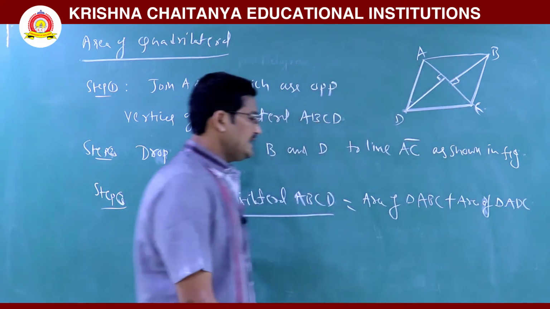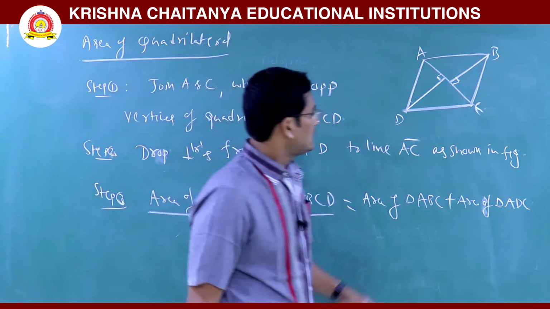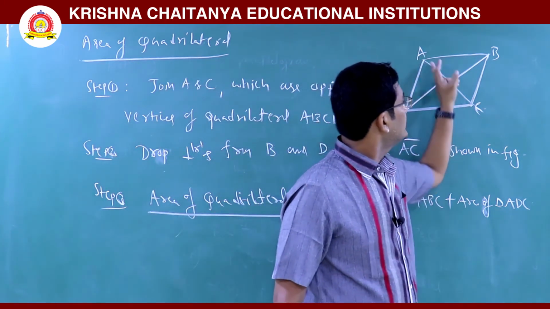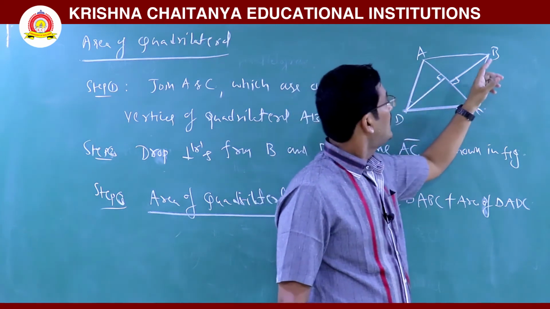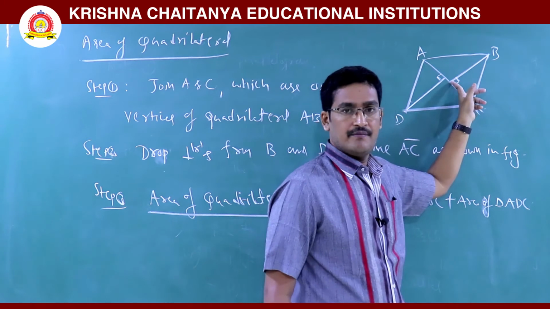What is the triangle area? Half into base into height. Suppose you take the triangle ABC. I am taking AC as base. Automatically this is the altitude, the height.